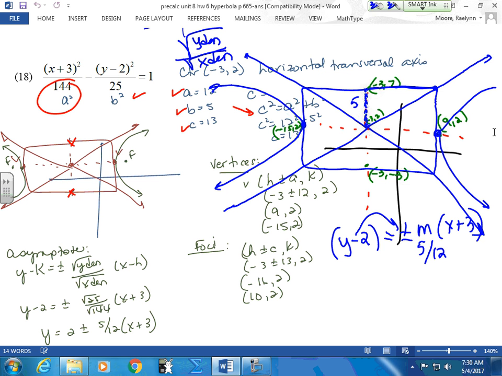And the foci have to be off of the main one, C distance away from here. So my C was 13. If I add 13 to this guy, I will get over here. So that puts me at 10, 2. That's a foci point. And then just go the opposite way. So try not to use your formulas. Try to get a feel for this.